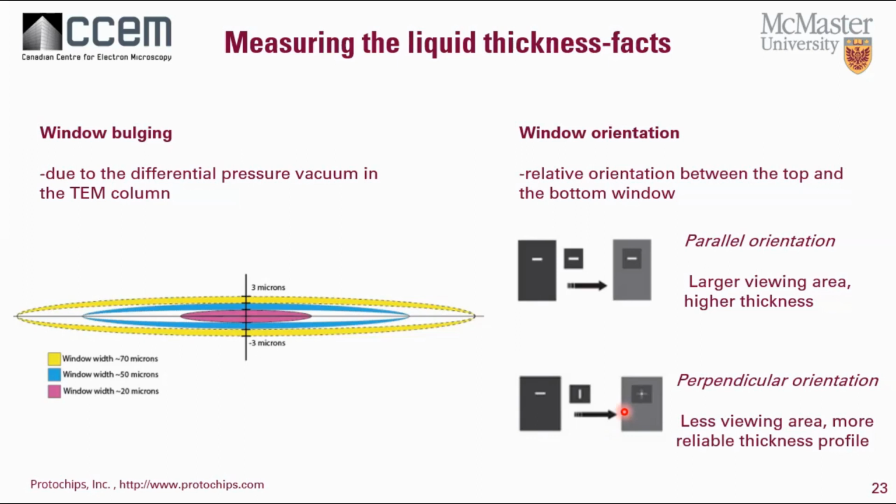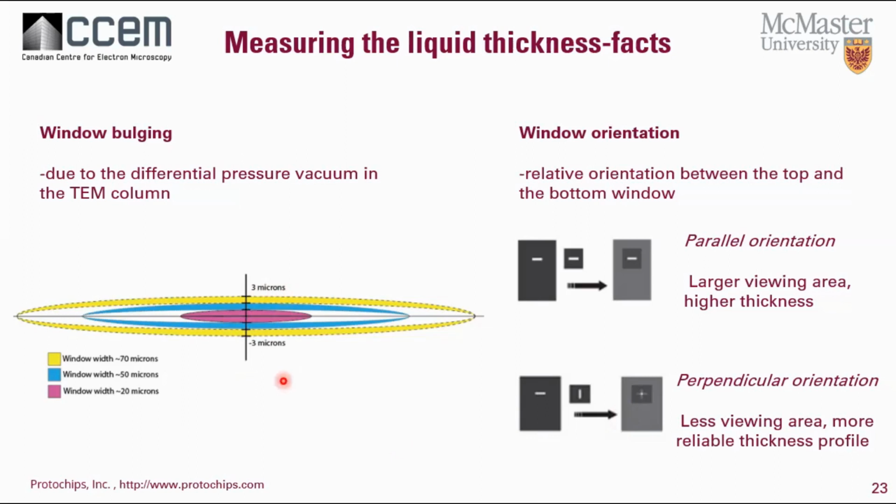Even within a thin spacer, due to the enormous pressure differential between the inside of the liquid cell and in the TEM column, the thin silicon nitride windows bow. Bowing leads to thicker liquid layers, which increases multiple scattering and degrades resolution. Depending on the window width, the thickness in the center can be even up to 3 microns.